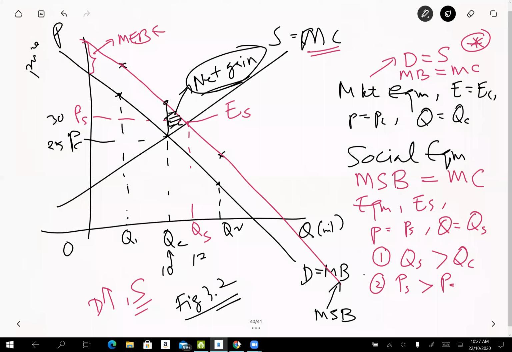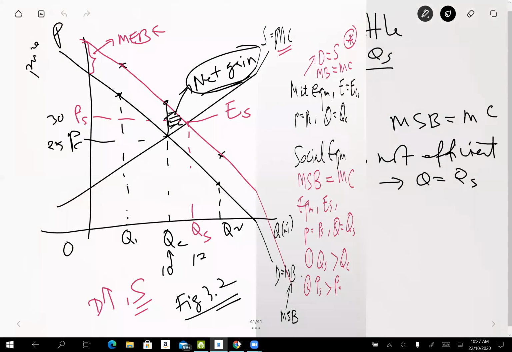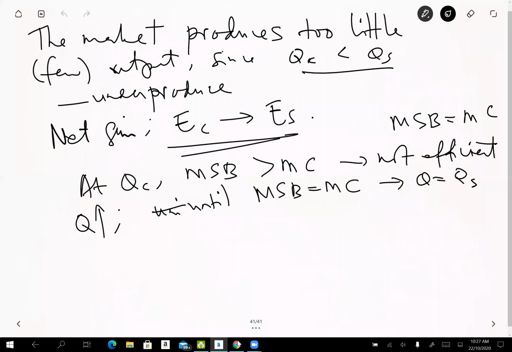All right. So again here, the net gain, since we are considering the constant MEB, so you can use again the formula for the net gain. It is equal to half the delta Q, the change in the Q multiplied by the change in the price.